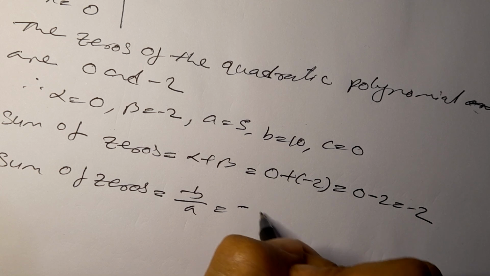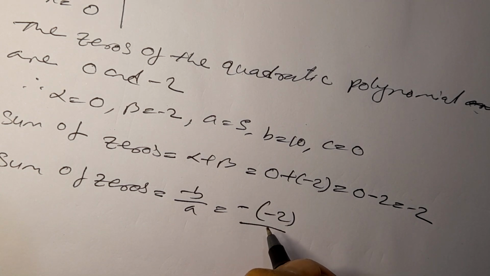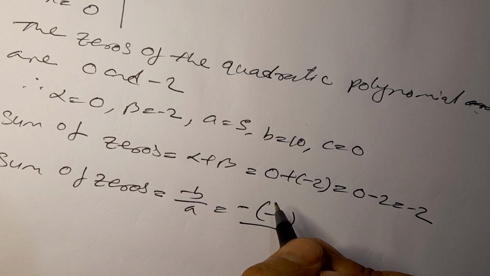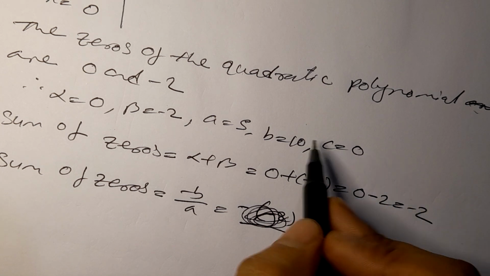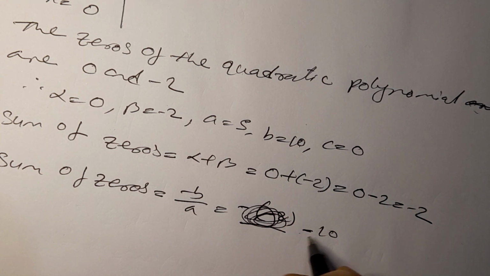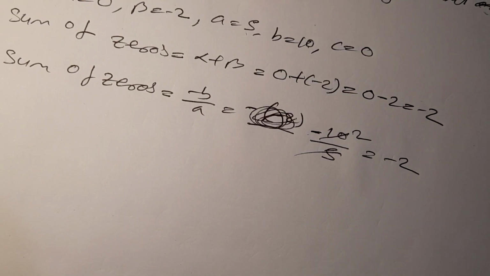From the formula, the value of b is 10, the value of a is 5, cancel it, 2, so it will be minus 2.